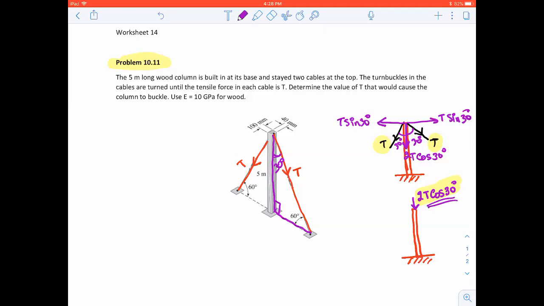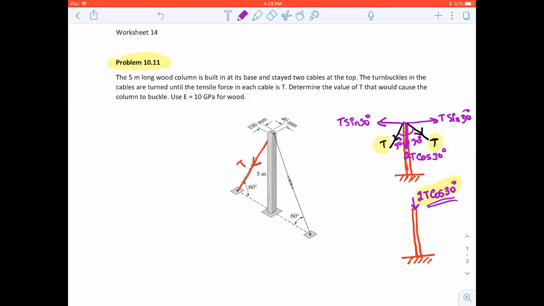Now I'm going to talk about a few things before I start. We have to think about what type of column this is. This is a propped cantilever column. Why propped? See, it cannot move in.